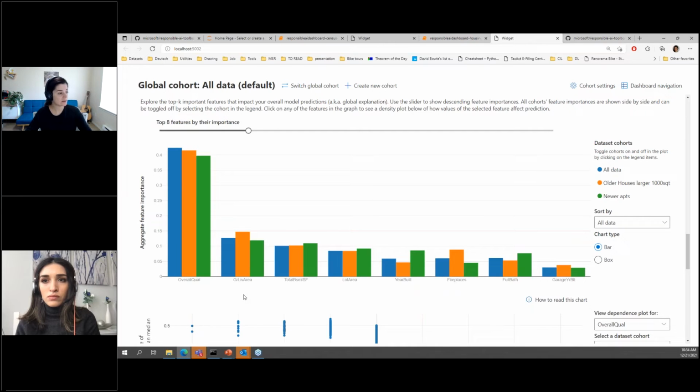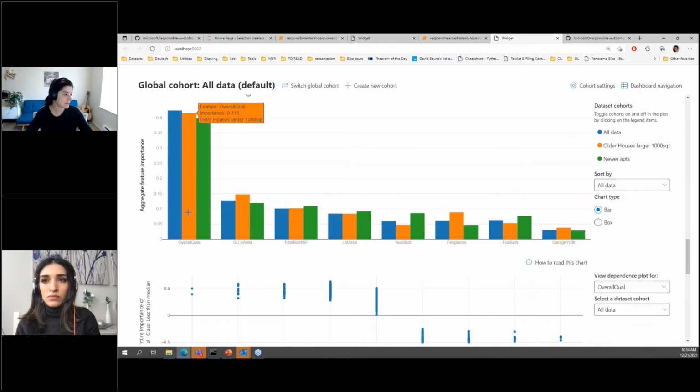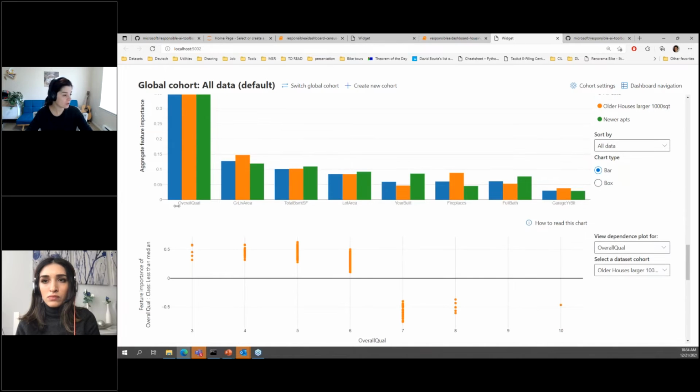And we can also look at the directionality of how these features are important. For example, here we can see that the overall quality is important, but if the overall quality is higher than 7, then it is a positive contribution to the house being sold for more than median. And while this may sound intuitive, it is a very good tool for understanding spurious correlations.